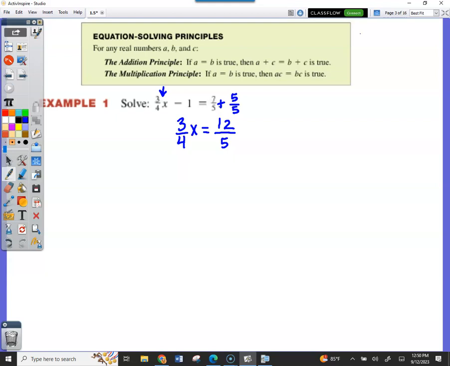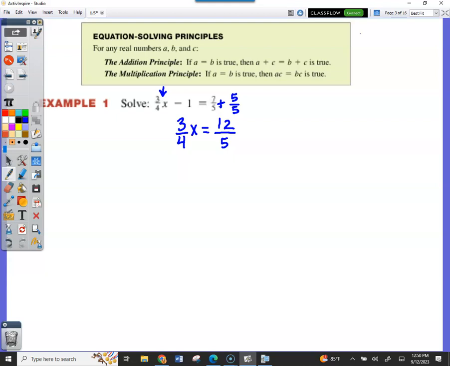Okay. Now we have 3/4x equals 12/5. We need 3/4 to go. There's 2 ways to move it. You could say, oh, I'm going to divide by 3/4 because it's attached by multiplication. But we've already talked about in our chapter R review that you don't ever divide fractions, you multiply by the reciprocal.